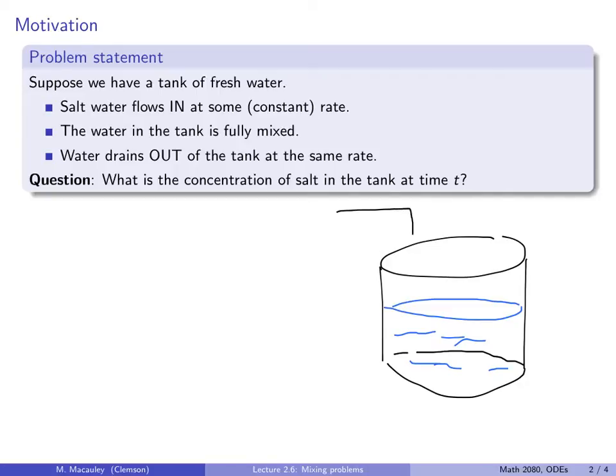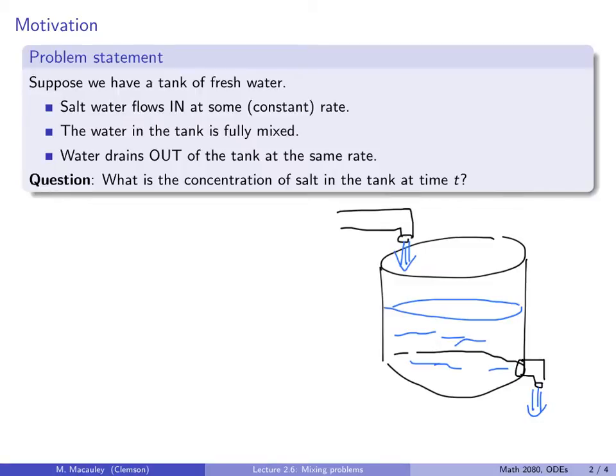Let's suppose we have some pipe up here, and salt water is flowing in at some rate. Once the water is in the tank, we assume that it is fully mixed. And then there's some drainage pipe, and the water flows out of the tank at the same rate.